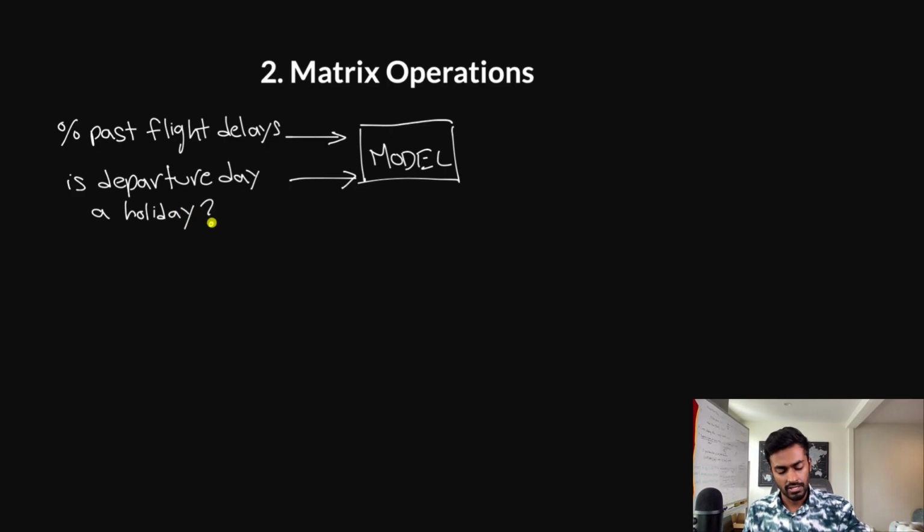Now, these two features are going to be piped into the model, and we want as a prediction whether or not that flight is going to be delayed for departure.